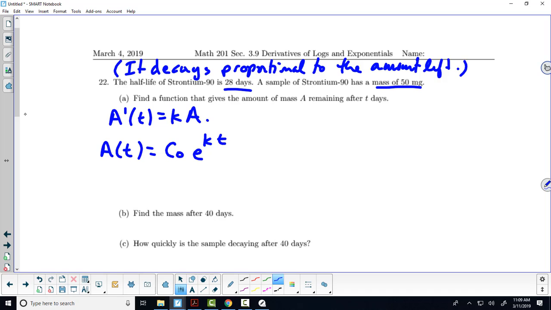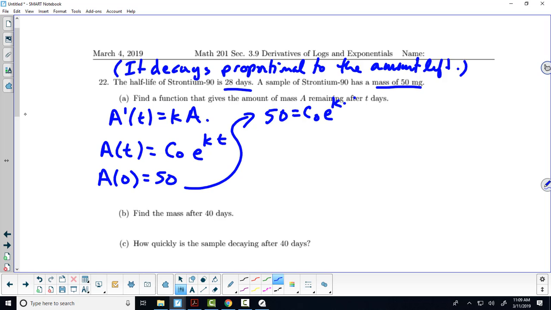So how much should we start with? I know that when I plug in 0, it better spit out what? 50. Well, that tells us that 50 is equal to c naught e to the k, I still don't know what k is, times 0. What's k times 0? 0.